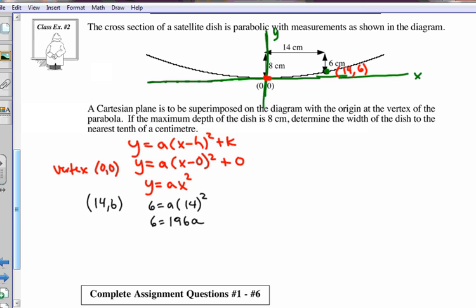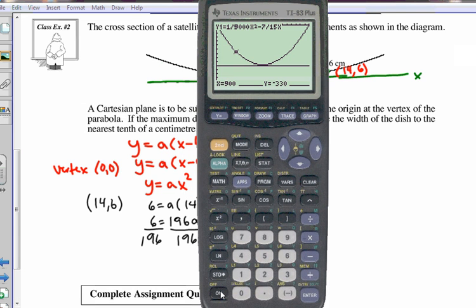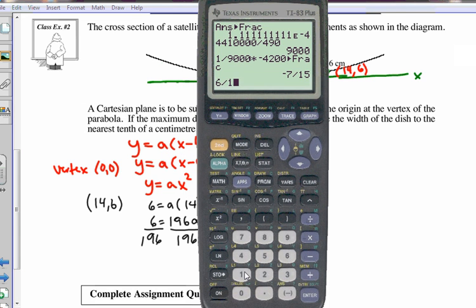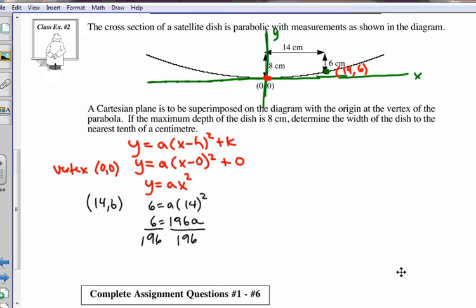Okay, times A. And then what do we do to both sides? Divide by 196. Can that reduce? 6 over 196. 6 divided by 196, can it reduce? 3 over 98. There's our A value. 3 over 98 is A.